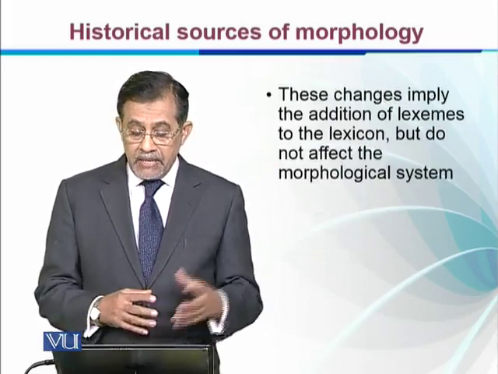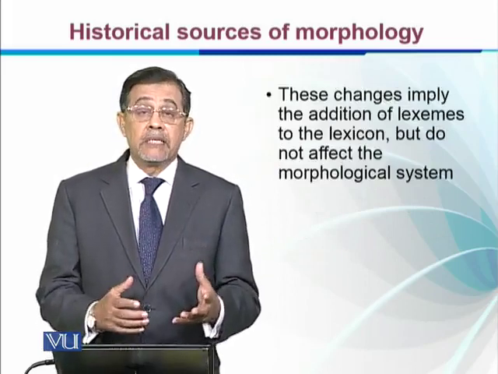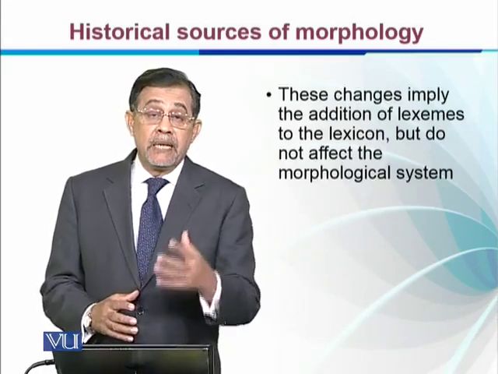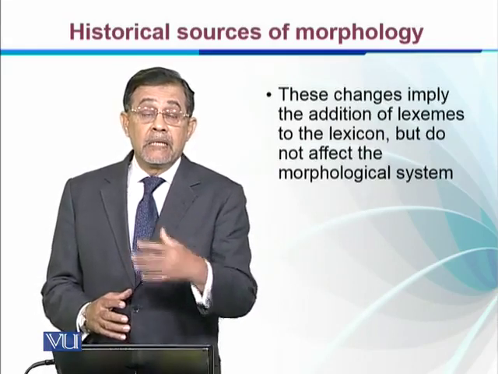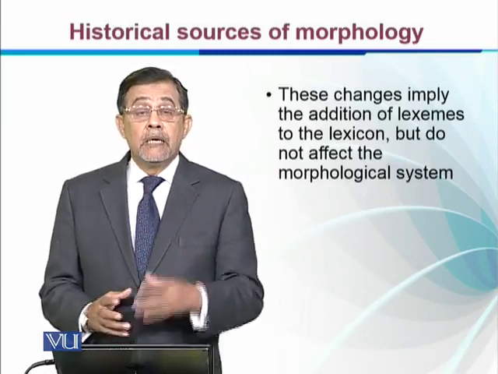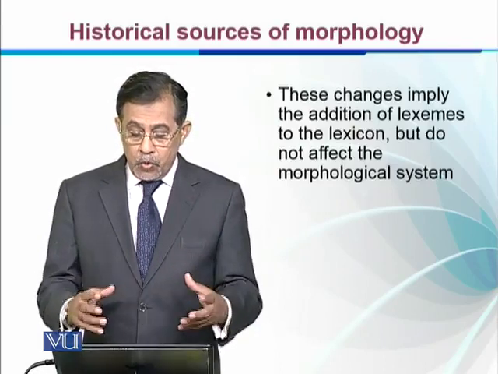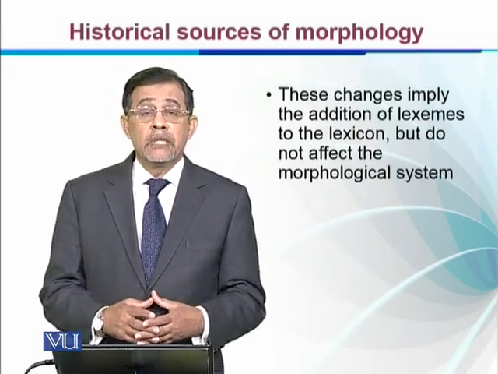These changes imply the addition of lexemes to the lexicon. Obviously, albeit has become a lexical item, and now it is used in the dictionary or lexicon as a word, right? But they do not affect the morphological system.